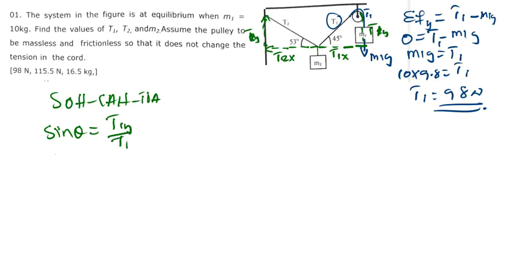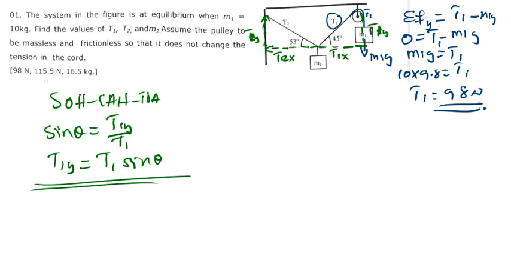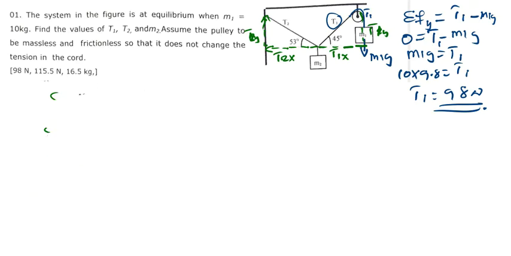So to make T1y the subject of the formula, it will be T1 sine theta. So in y we use sine, in x we use cos, based on SOHCAHTOA. Then what I have to do now is I need to know that I have got the weight force for this guy, which is mass times g.